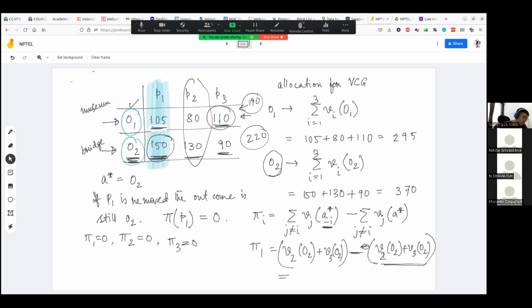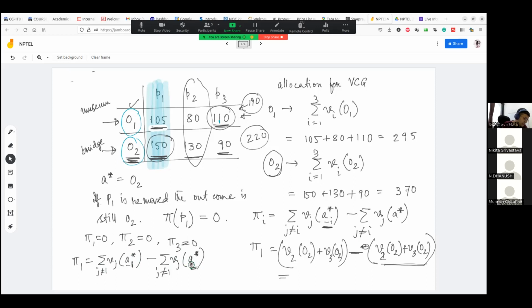So in that case, let's say I'm going to calculate pi 1. I look at the sum over j not equal to 1 of Bj(A minus 1 star), minus the sum over j not equal to 1 of Bj(A star), that is in the final allocation.